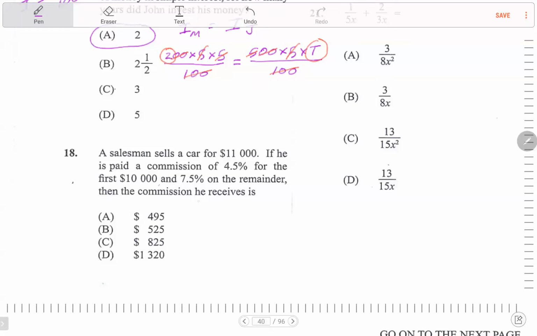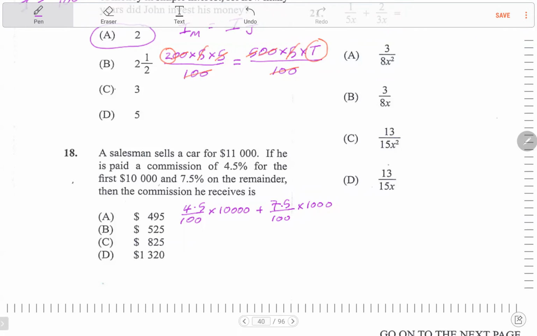All right, so he's paid a commission of 4.5% times the first 10,000, plus the remainder now is 1,000 because 10,000 is gone already. So basically it's a commission of 7.5 over 100 times 1,000, the amount that is remaining.